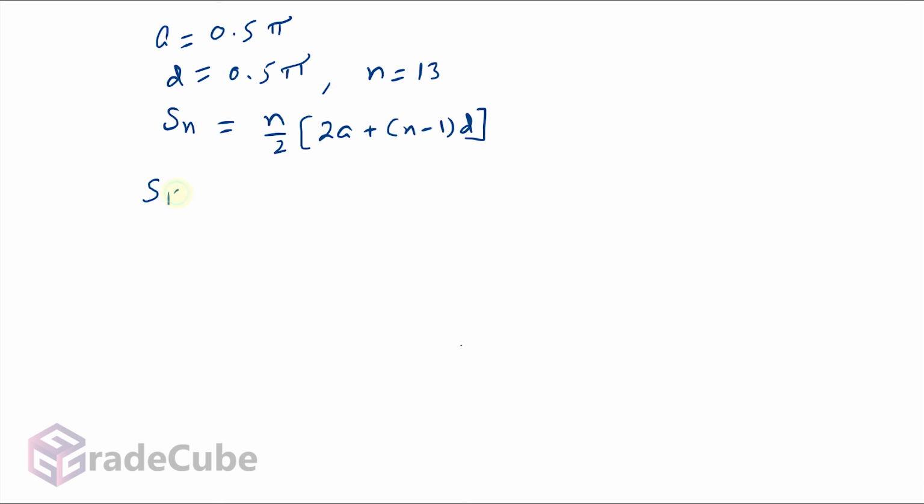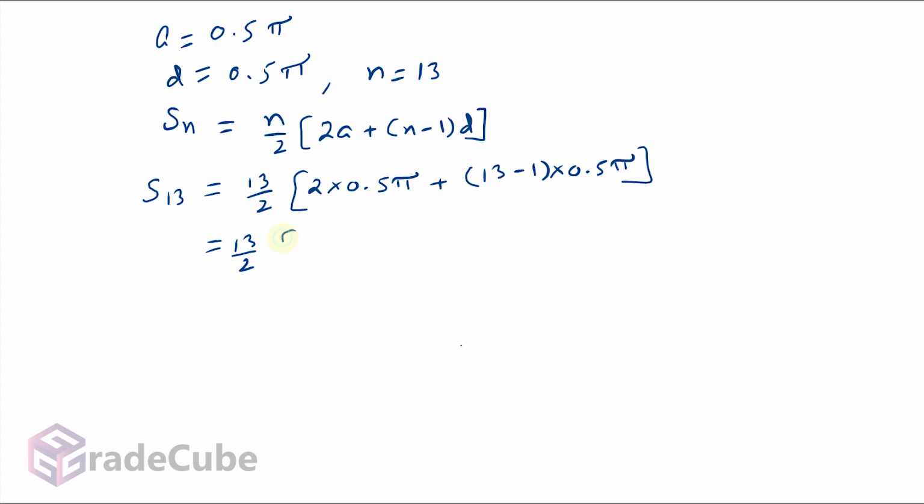Therefore S13 is 13 upon 2 into 2a, a is 0.5 pi, plus n minus 1, 13 minus 1, d is again 0.5 pi. It is 13 upon 2. 2 multiplied by 0.5 should be 1. It is 2 by 5, 10, and decimal comes after 1 point.